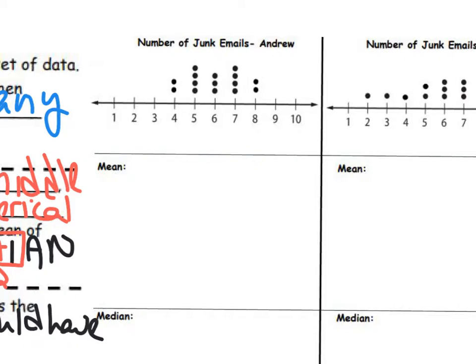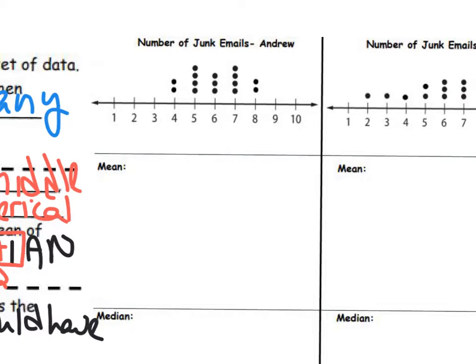And in this case, we're going to solve for the mean. So remember, what do we do when we're solving for mean? You calculate the average, so we have to add all the data.